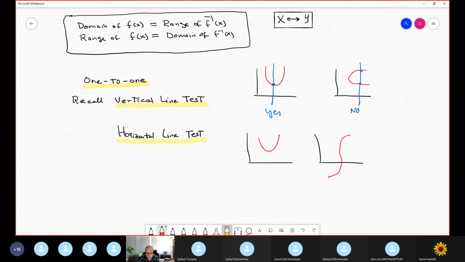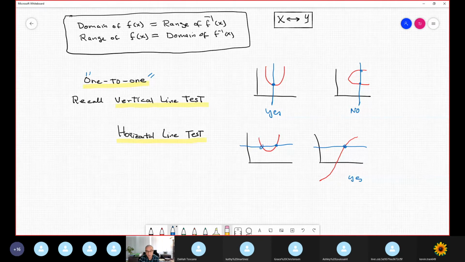You apply a hypothetical horizontal line. If it crosses one point, yes, it's one-to-one. In this case it crosses two points, so no, not one-to-one.